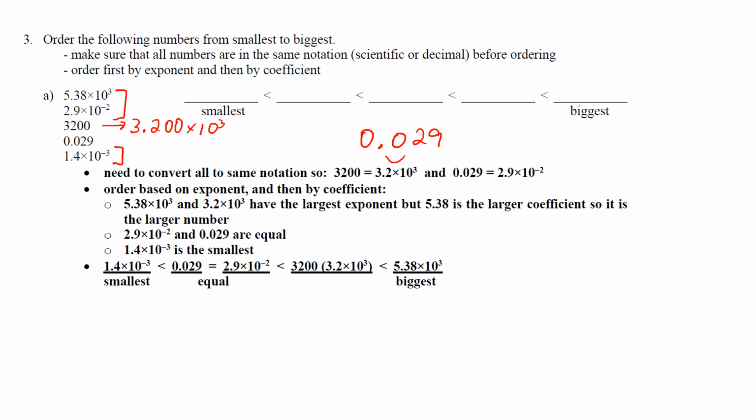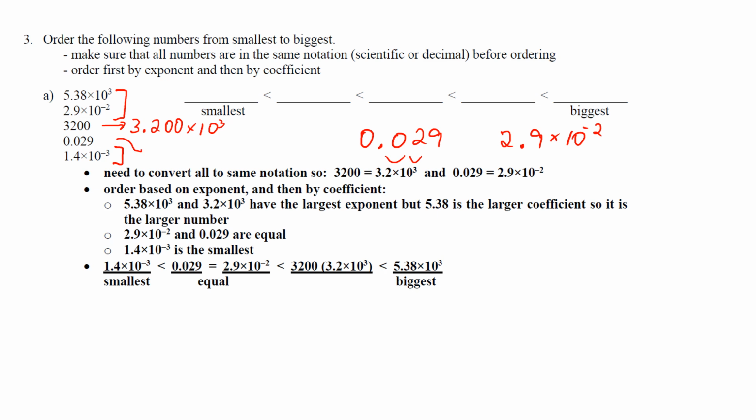I move it 1, 2 spots to get me 2.9. Remember, my goal is always to have a number between 1 and 9.99. So I had to move it 2 spots. And seeing that I had to move it towards the right, that's times 10 to the negative 2.